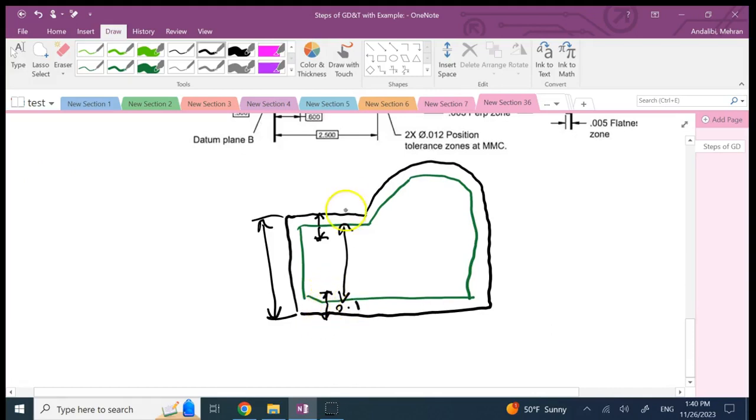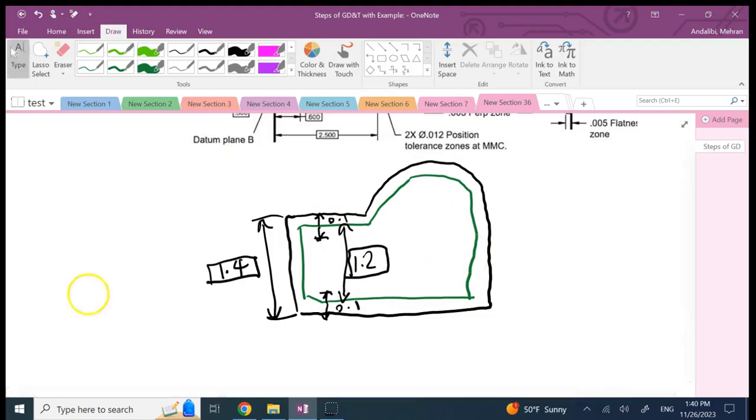So if this is 0.1 and this is 0.1 and this guy is 1.2, probably the basic dimension you have on the mating part is something like 1.4.